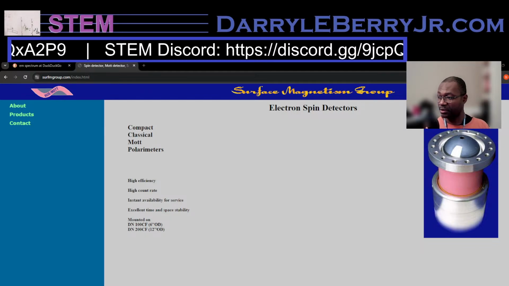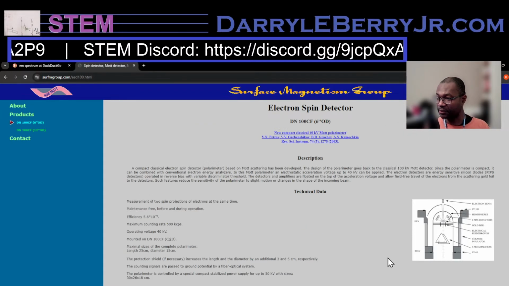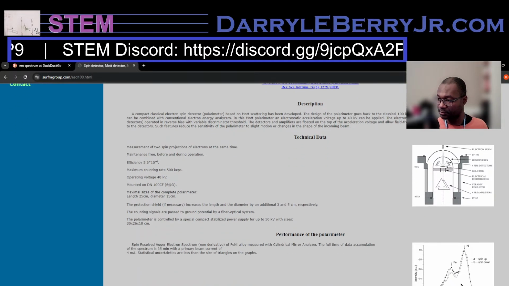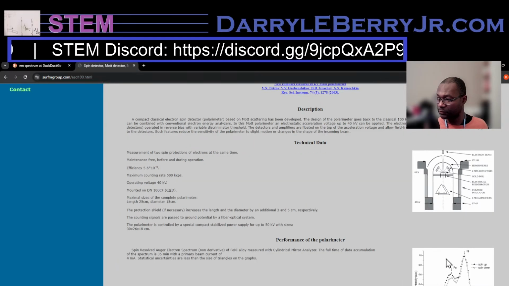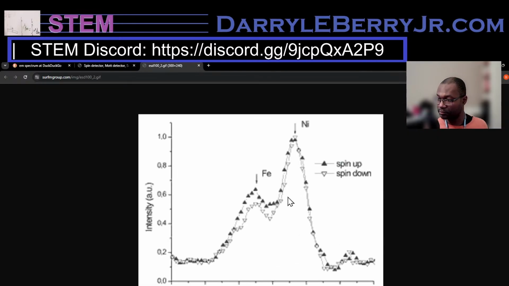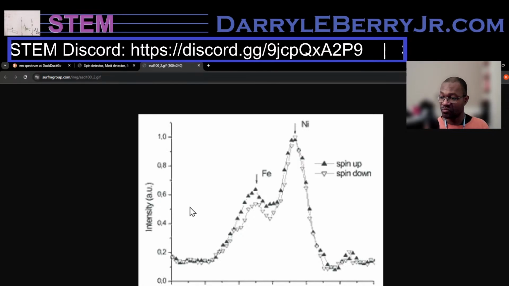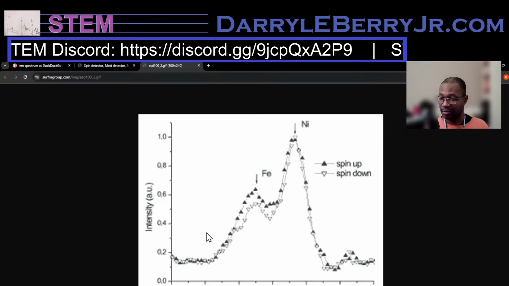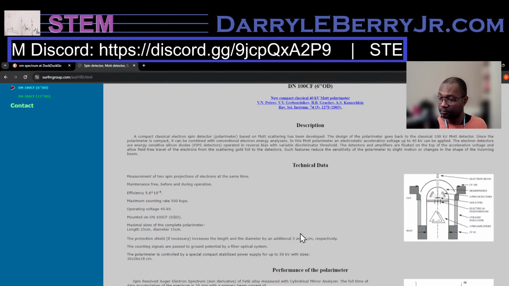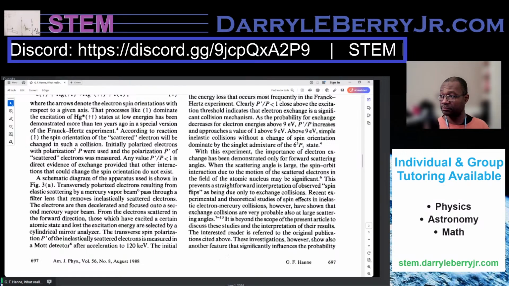So that apparently is what a Mott detector looks like. It detects the spin of an electron. And let's take a look at this image. Quite interesting. And you notice the energy is in electron volts, which is customary. Okay, so Mott detectors detect the spin of an electron.